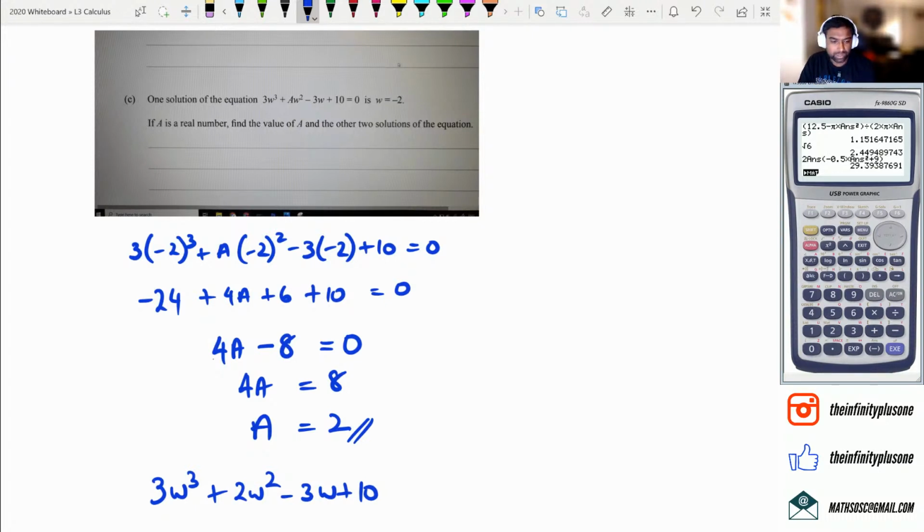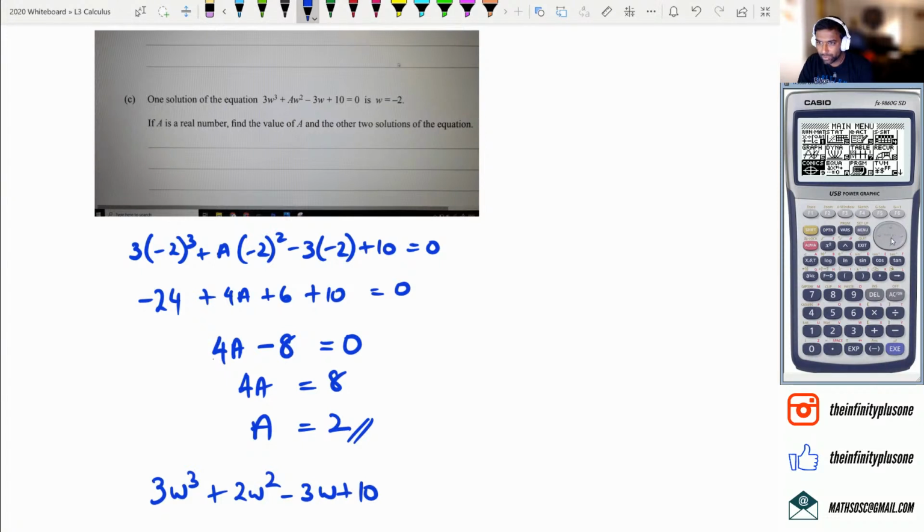Here's the cheap little way of doing this. Go into menu, go into run mode and click on shift setup. In here, it's going to ask for complex mode and it says real. Just change it back to a plus bi.